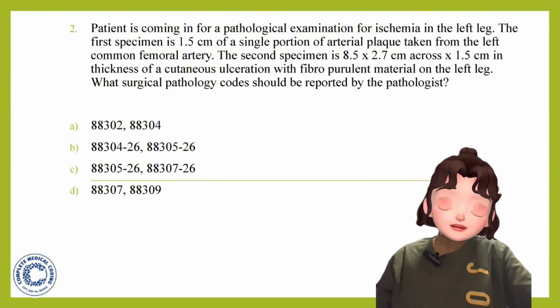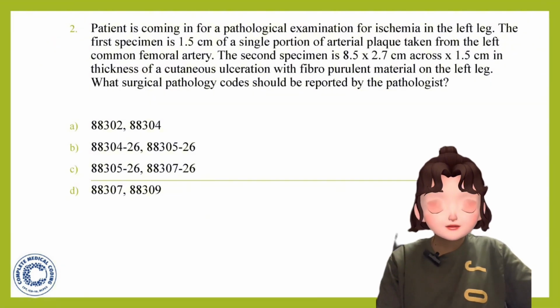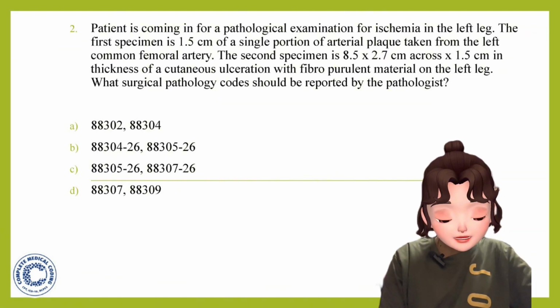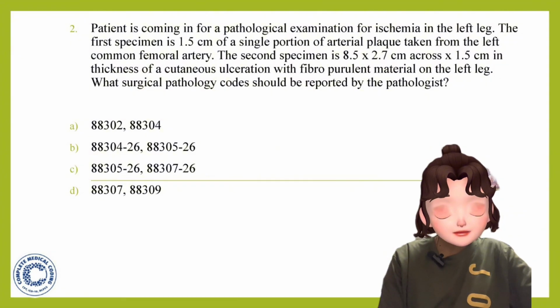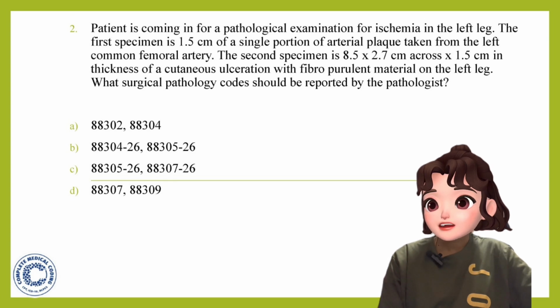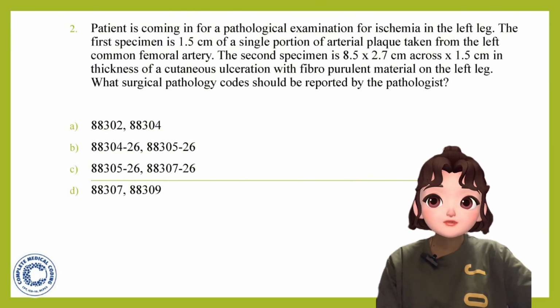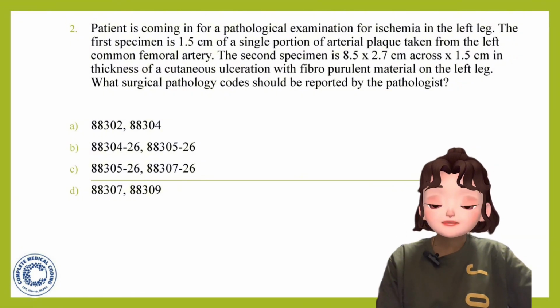That is there in 88304. If you check the 88304 code, you can see left femoral artery mentioned there. Artery, arteriomatous plaque. It's mentioned in the question, arterial plaque. So 88304 should be the first specimen code.